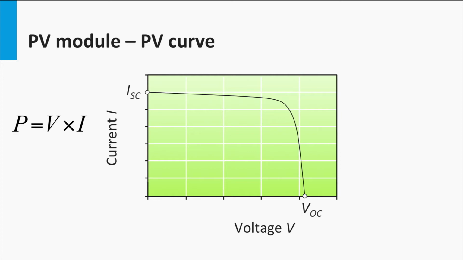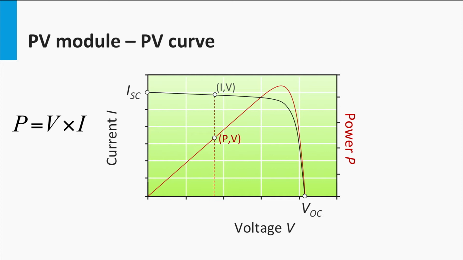We know that power is voltage times current. If you draw the power voltage curve, or the PV curve, it takes a form as shown. Of course, an operating point on the IV curve will also correspond to a unique operating point on the PV curve.